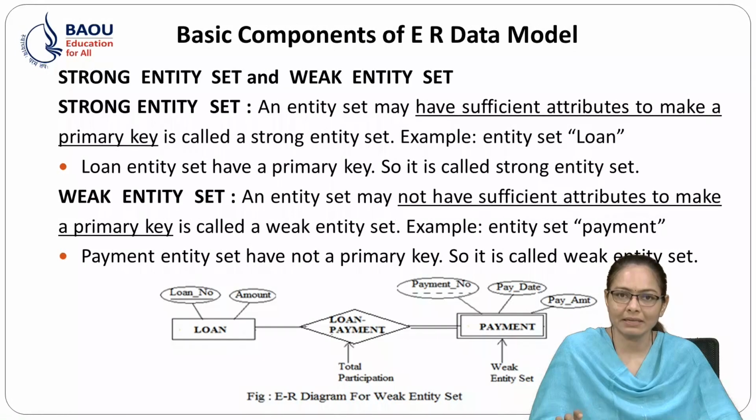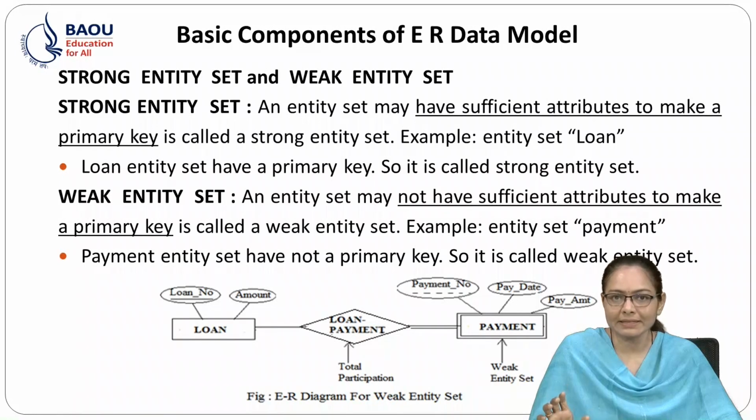Thus, the primary key of the payment entity set is loan number and payment number. Individually, the payment number does not identify a unique record, so we combine the loan number and payment number to identify the unique record.